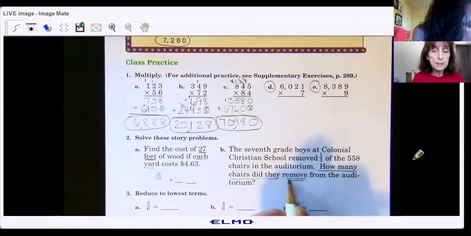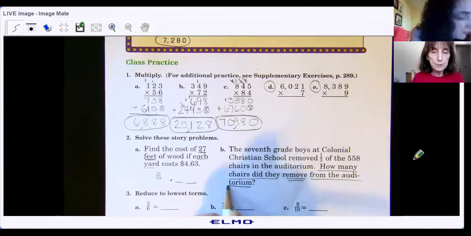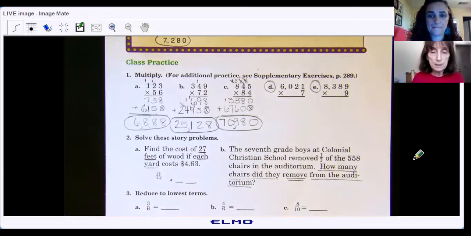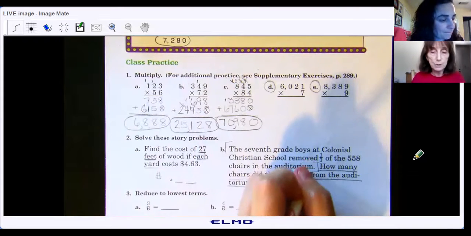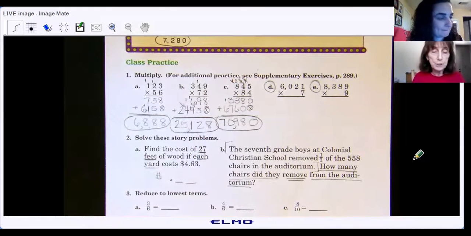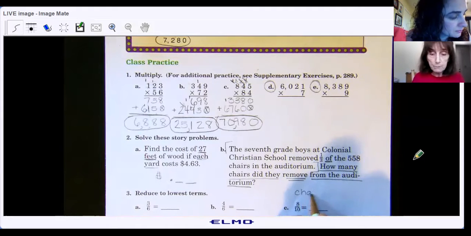That's your information. You're going to circle your answer and you're going to say chairs removed, whatever your answer is.